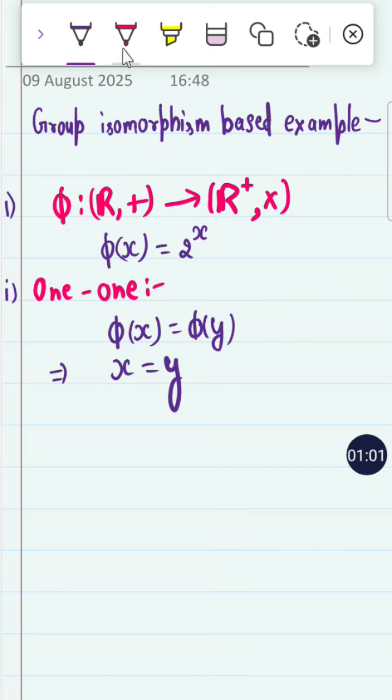Okay, so in this, phi of x equals 2 to the power x, which equals 2 to the power y.